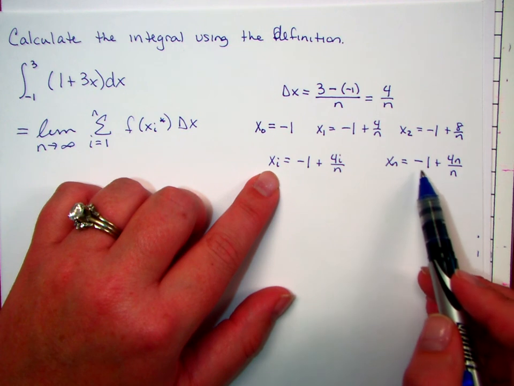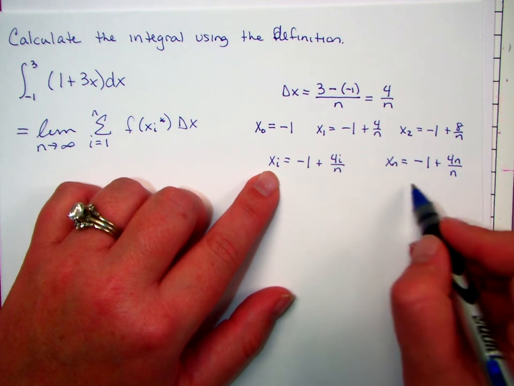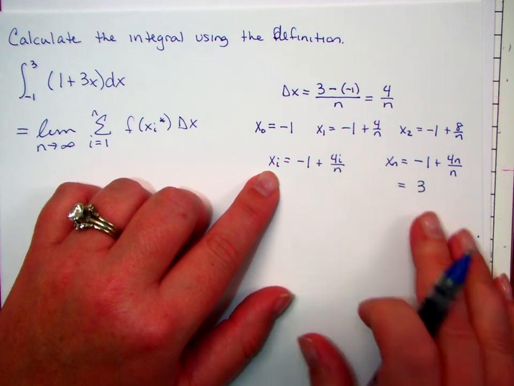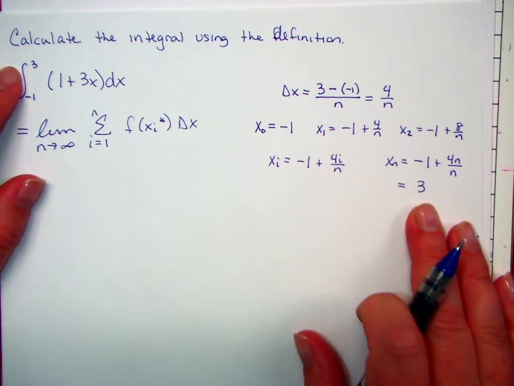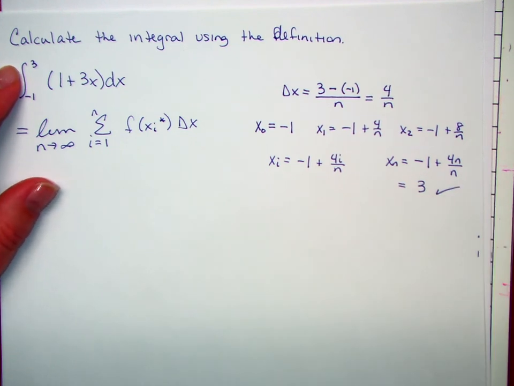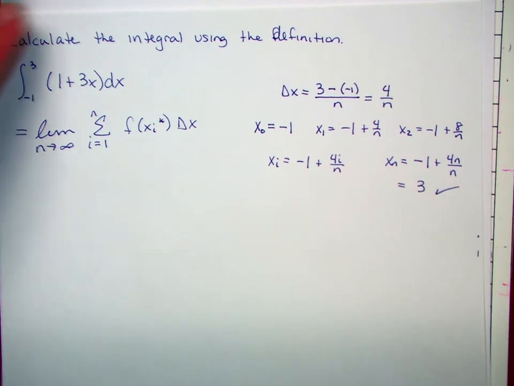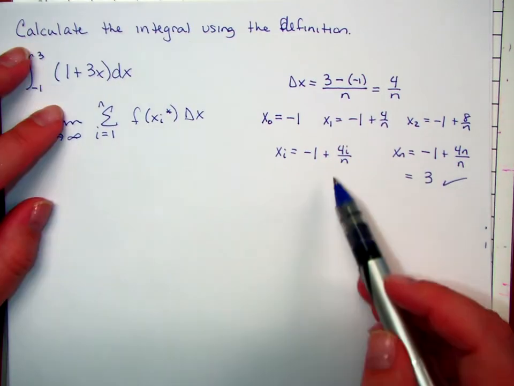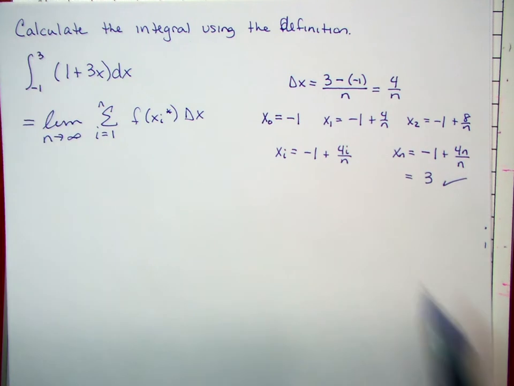So I'm going to get negative 1 plus 4, which is 3, okay, which equals our upper limit. So this kind of tells me that I did it correctly, right? Your last term should work with your formula, okay, and all your other ones before too.